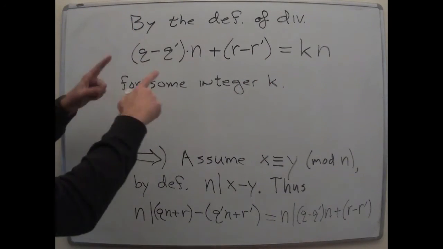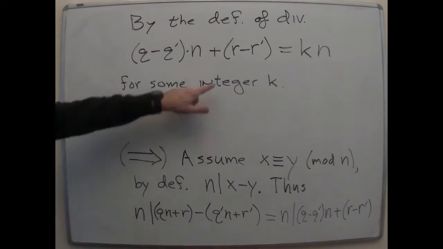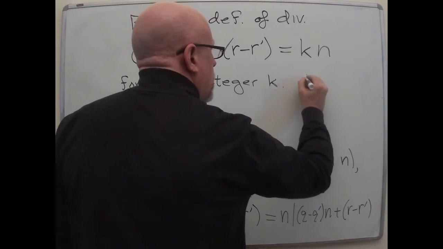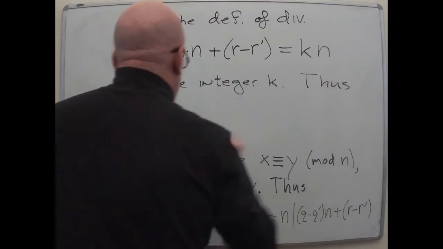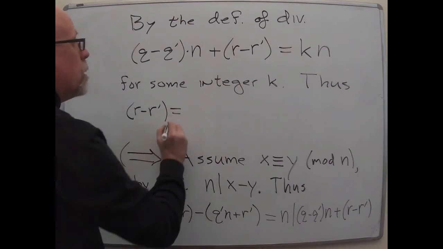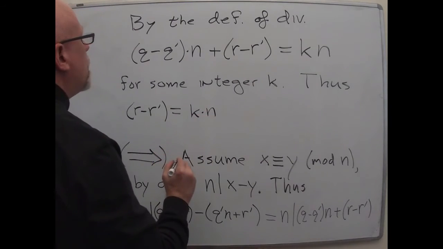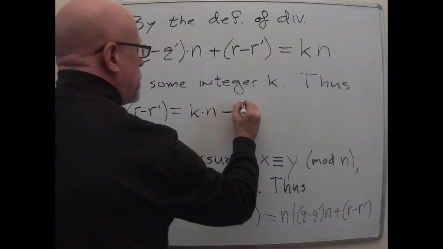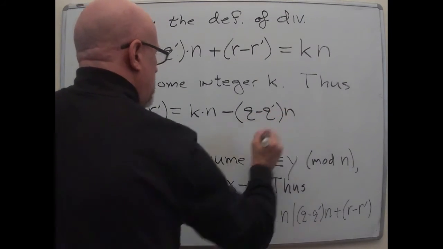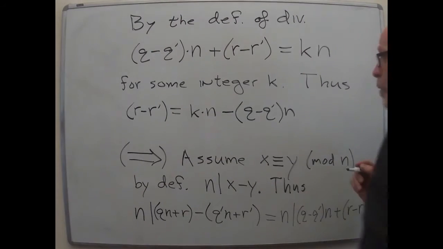Well, if we just rearrange this so that we solve it for the parenthetical bit there, r minus r prime, we get k times n minus q prime times n, and that's all a multiple of n.